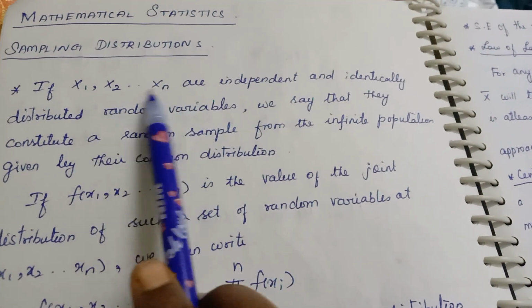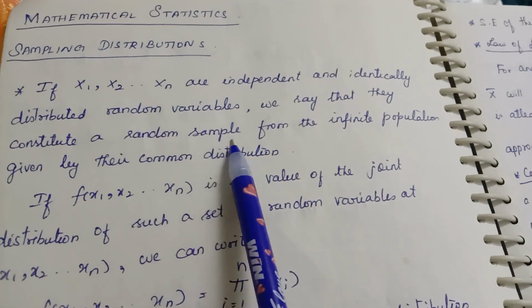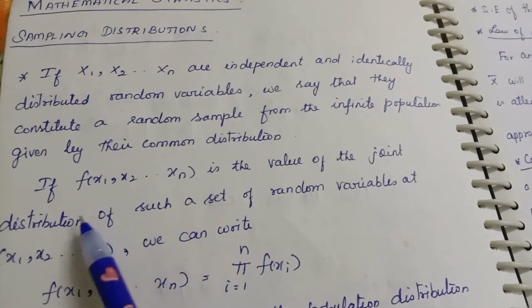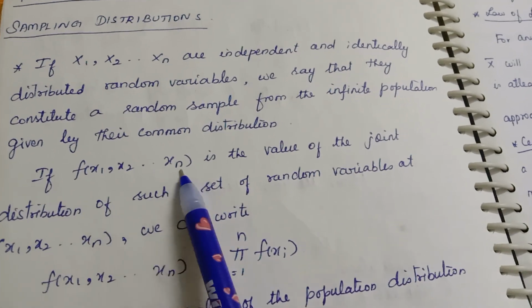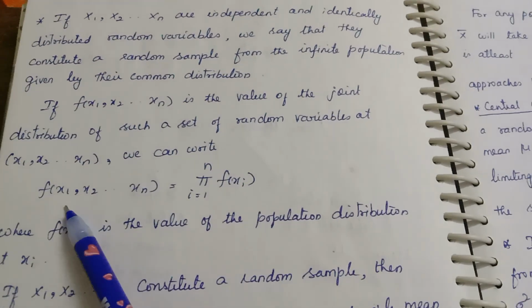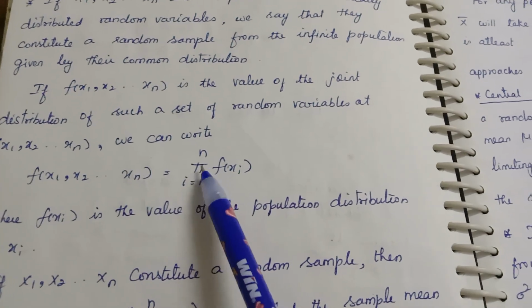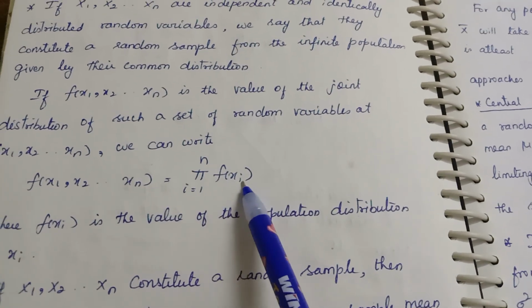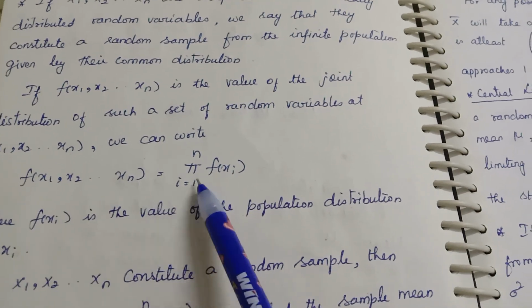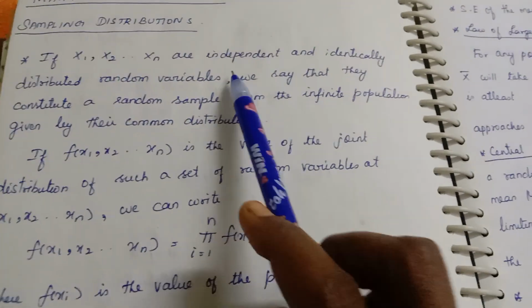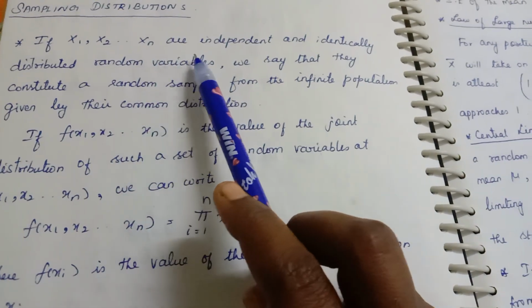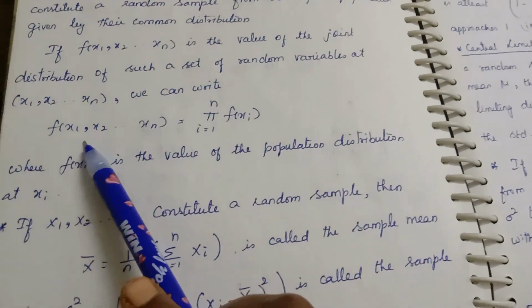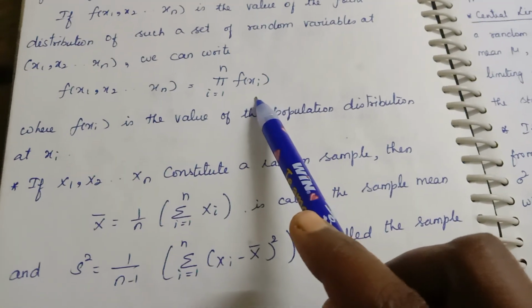Let f of x1, x2, ..., xn be the value of the joint distribution. Then the joint distribution is written as the product from i equals 1 to n of f of xi. Here the joint PDF is equal to the product of the individual PDFs, because each one is an independent random variable. Therefore the joint PDF is equal to the product of the marginal PDFs.